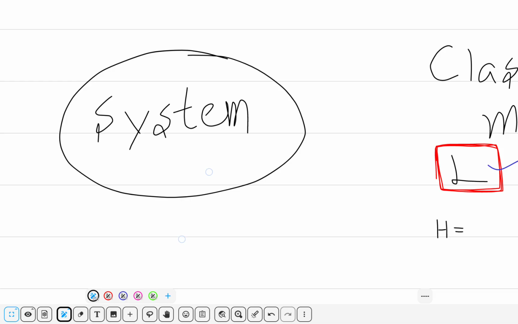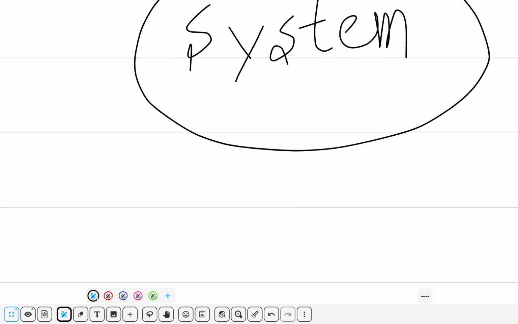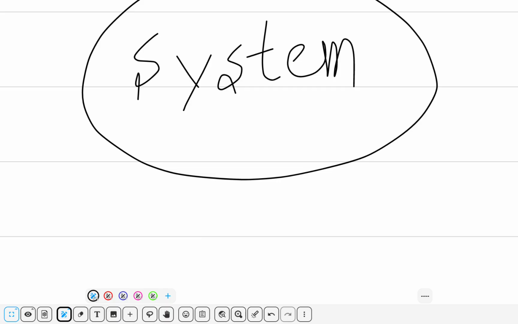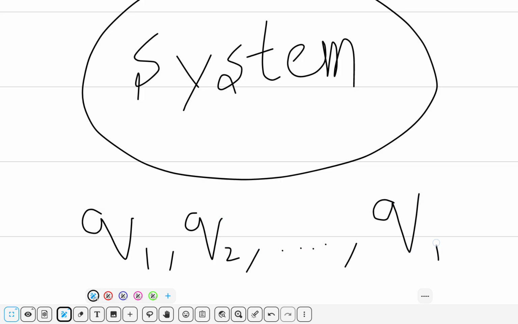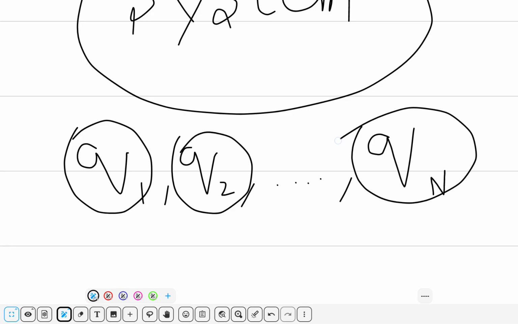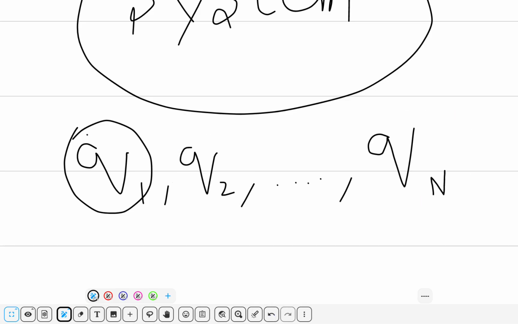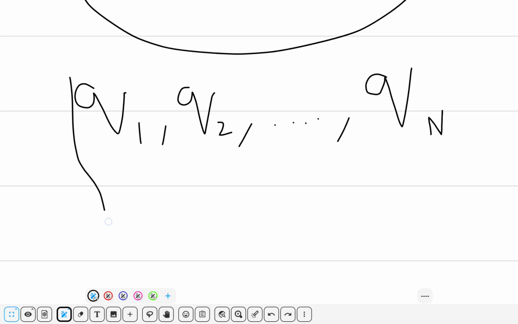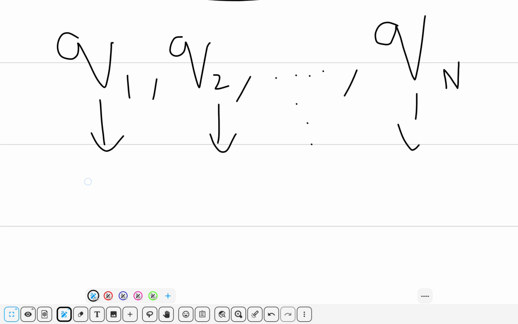And so, for a system, you will have variables. So let's say you have these many variables. These variables will just tell you the values, and these values can change. And then corresponding to each variable we have another variable which will tell the dynamics of that variable.